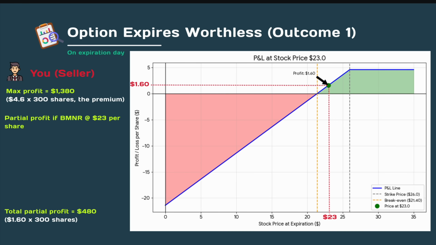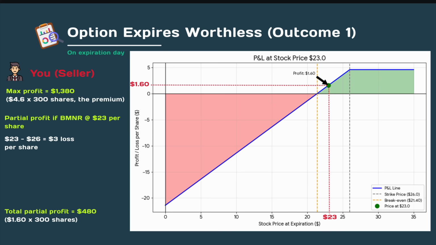So logically, you're going to say to yourself the following. If I sold the options with a strike price of $26, and if I didn't collect any premium at all, every $1 that the stock trades under $26, I as the option seller am losing money. In this scenario, $23 is $3 away from $26. So that means I've lost a vertical width of $3 per share when the stock is trading at $23.